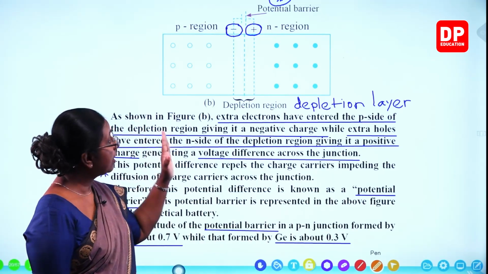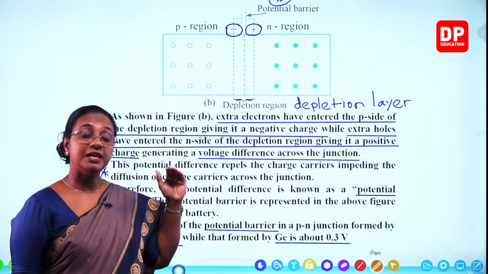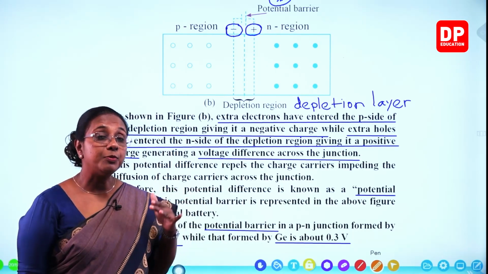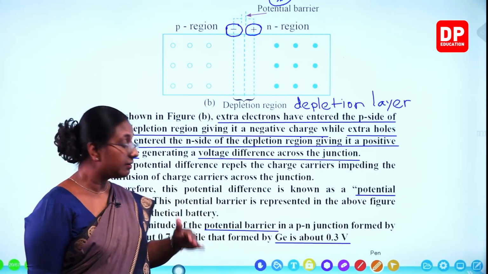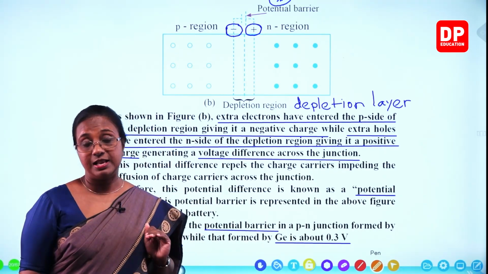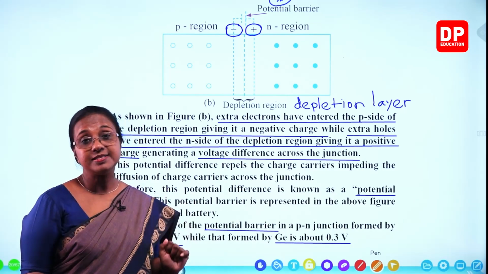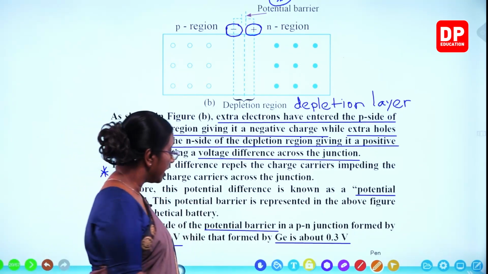So, to overcome this potential barrier, we have to supply a potential difference greater than this value. At the same time, we can do that in two ways.